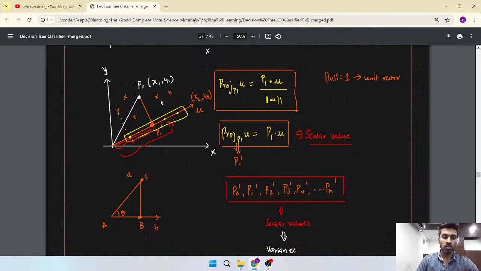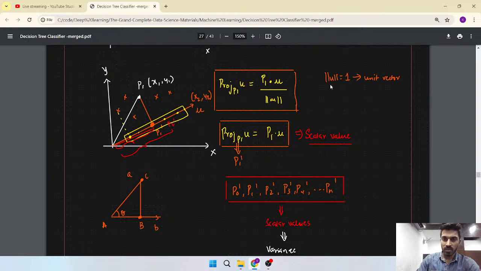So you do the dot product and divide by the modulus, or magnitude, of the vector you are projecting on.